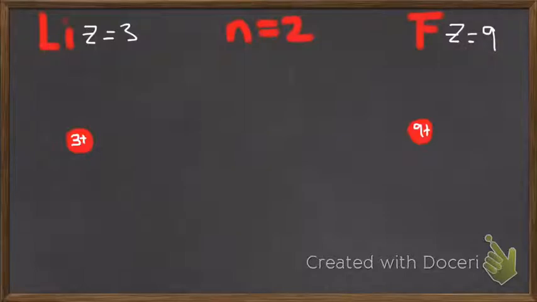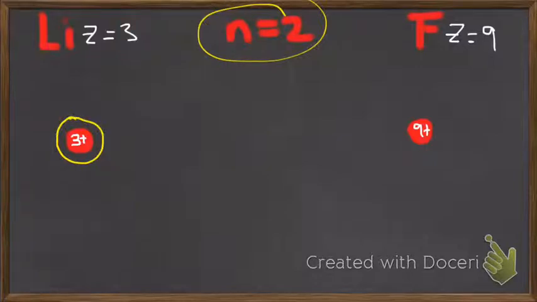Okay. Now let's do the energy levels. Overall, remember, N equals 2. So that means we have the first energy level for each one of these. And in that energy level, how many electrons can fit in a 1s energy level? It's 2. So we've got electron 1, electron 2. And that's true for both of these.